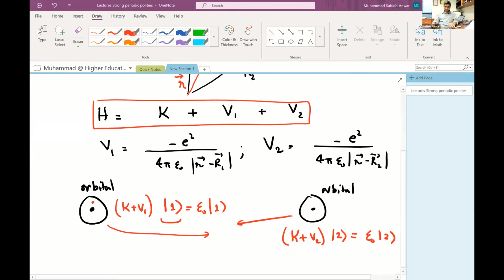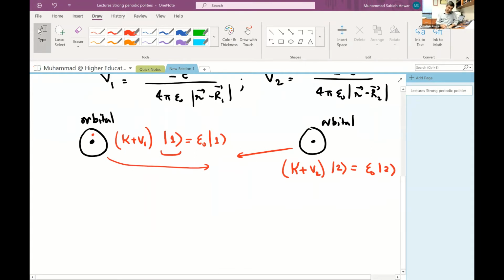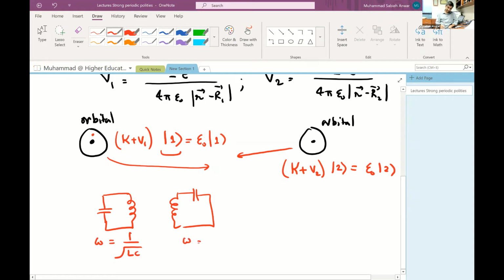Suppose, just to give you another example, we have these two circuits. Those who are fond of dealing with circuits would really like this example. Two LC circuits, or two tank circuits. Each circuit has a characteristic frequency that depends upon the inductance and the capacitance.